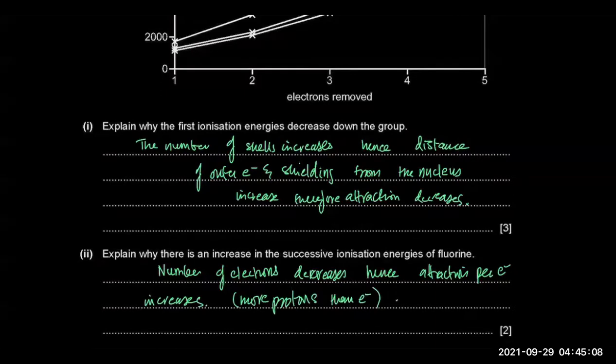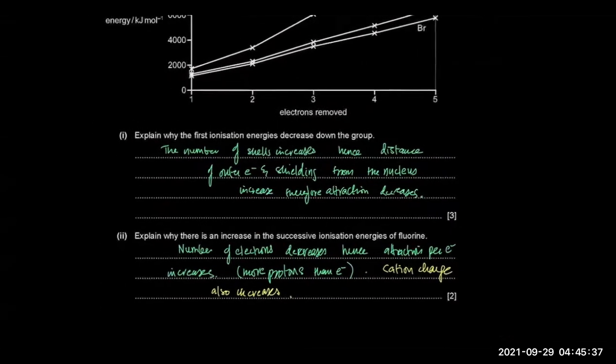And another thing that you should understand is that we're trying to remove an electron from an already positive ion. So obviously the cation charge also increases. So that's the idea.